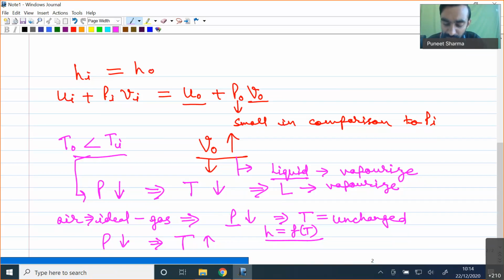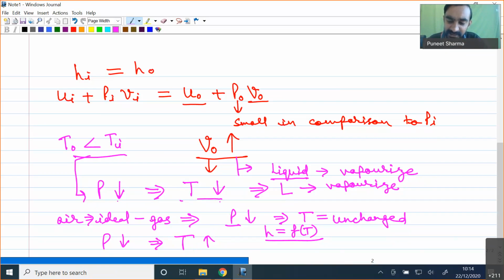So there is one very important concept, known as the Joule-Thomson coefficient. The Joule-Thomson coefficient is a very important parameter which governs what will happen in a throttling process, that is, upon decrease of pressure, whether temperature will decrease, remain unchanged, or increase.